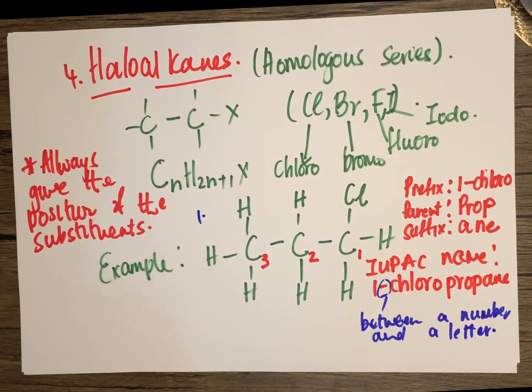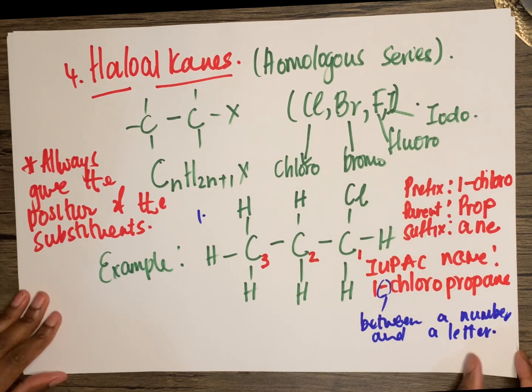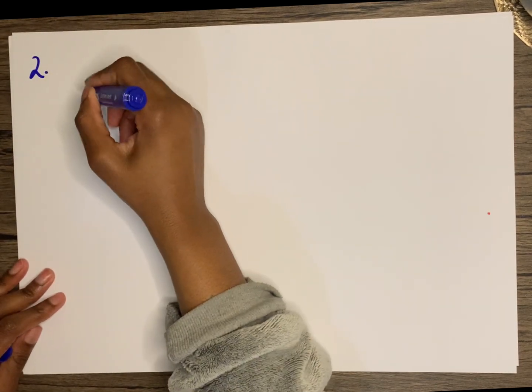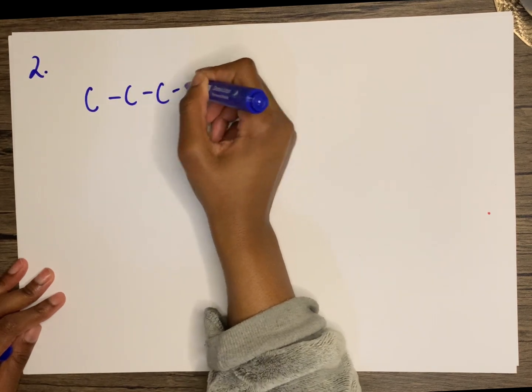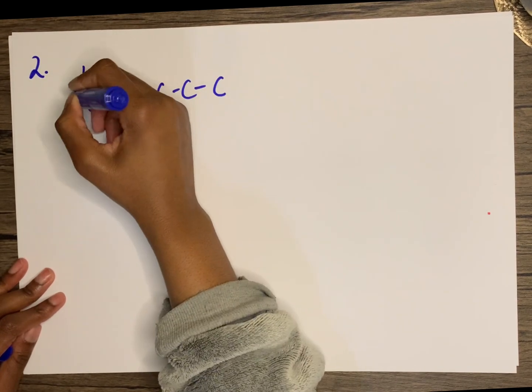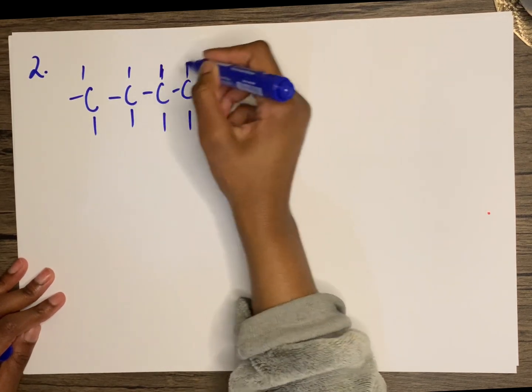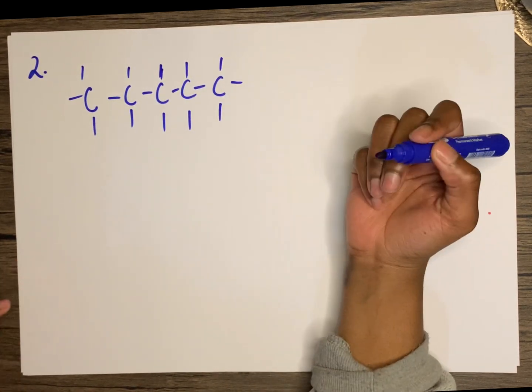And then I can have another situation where I have a haloalkane, but it has more than one halogen substituent. So when I have that situation, second example like this, my example 2, right?